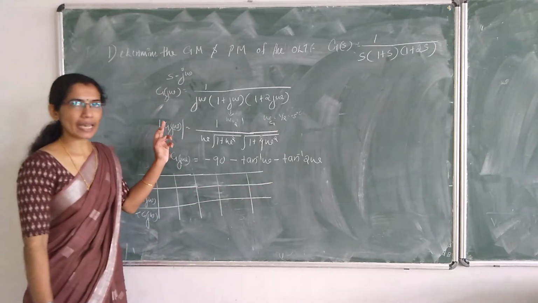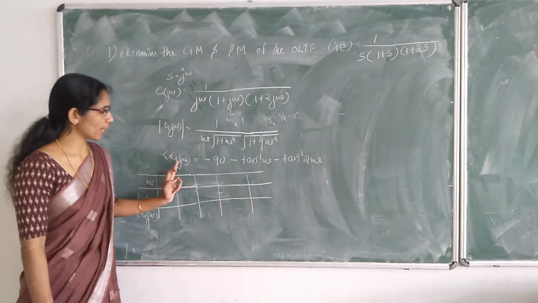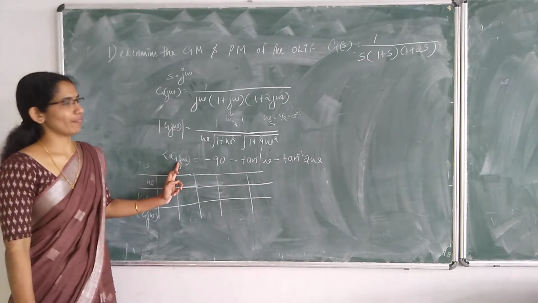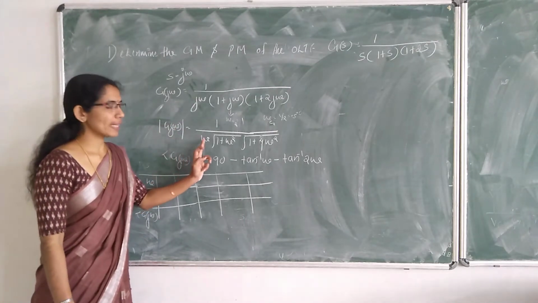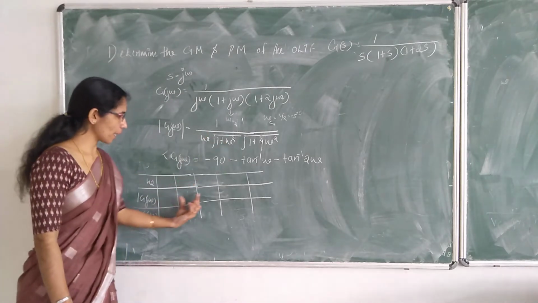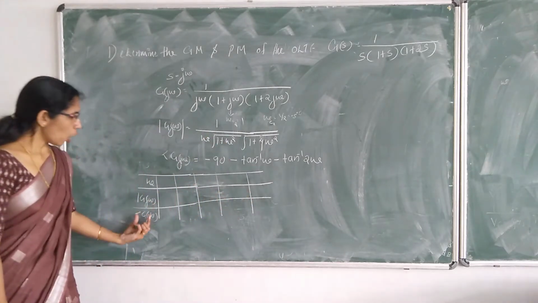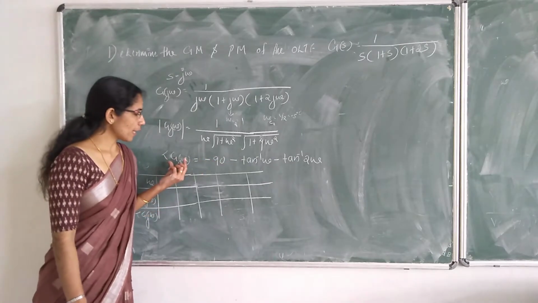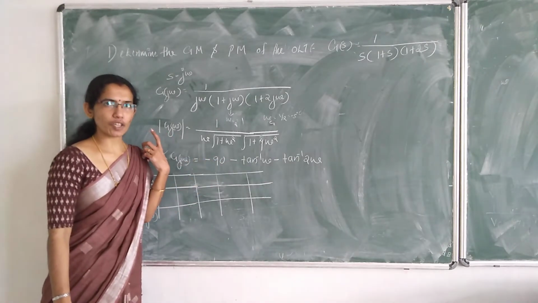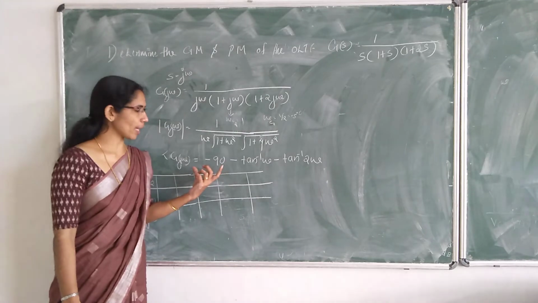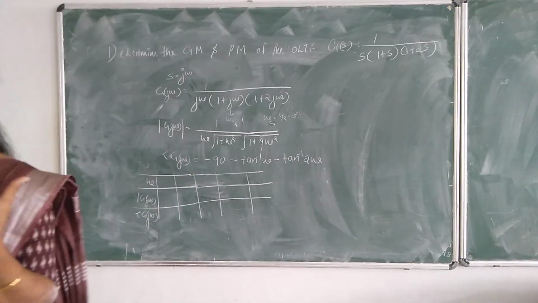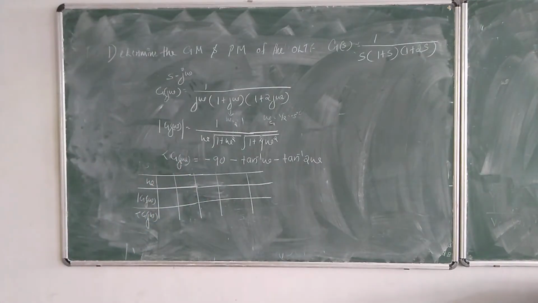Substitute the values of omega and find the corresponding magnitude of G(j omega) and angle of G(j omega). So first choose different values for omega.